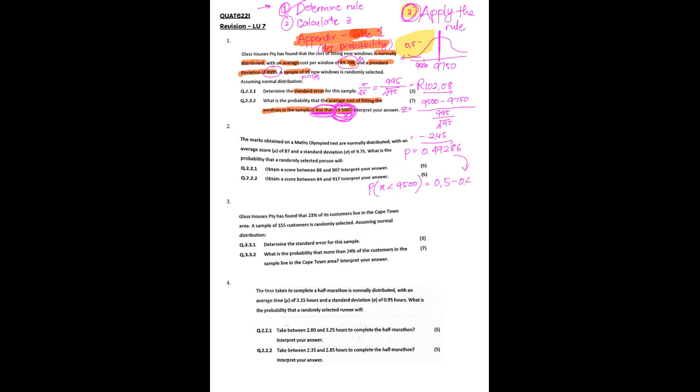Because it was a 0.5 minus rule, we determine the probability and we say 0.5 minus that figure. So that's 0.00714.